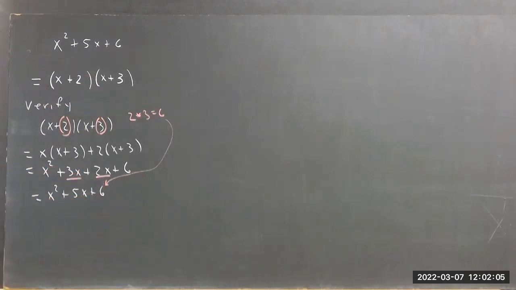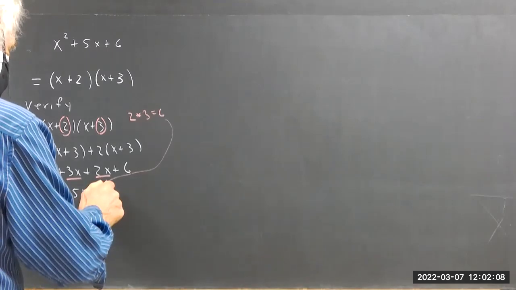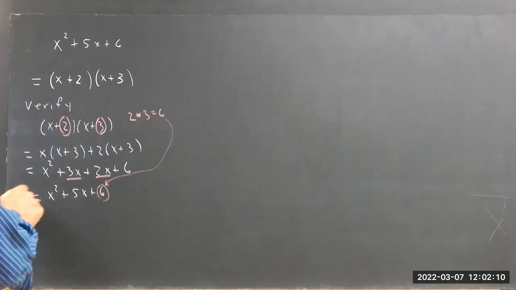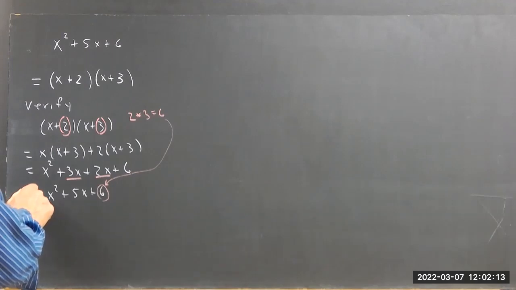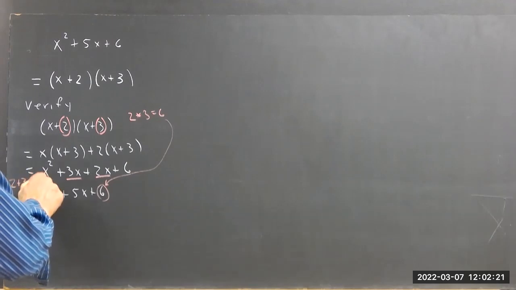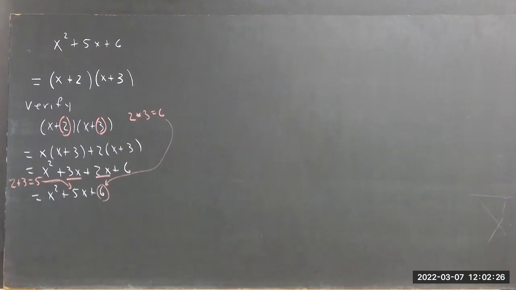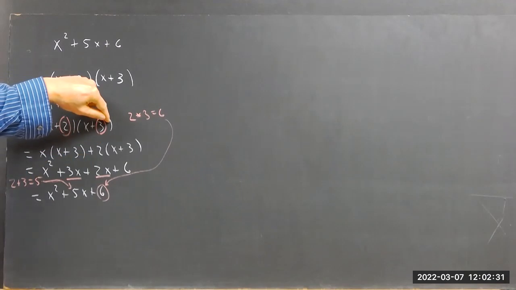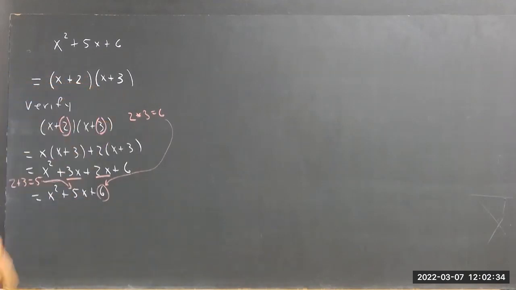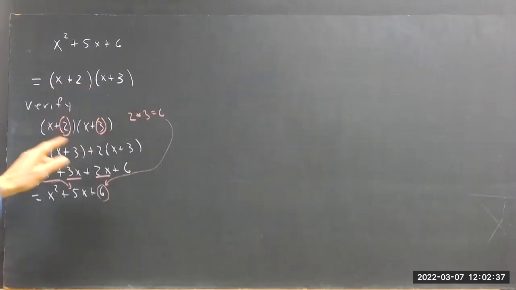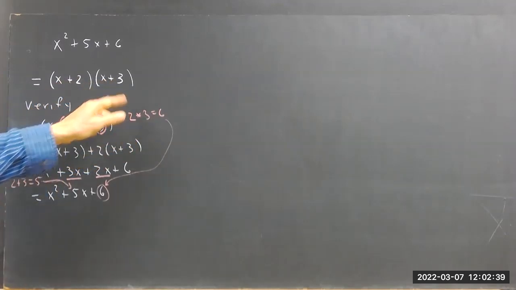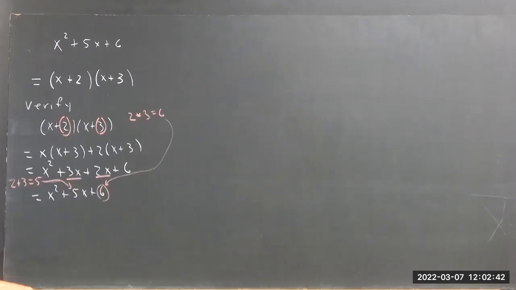So 2 plus 3 equals 5. So that's where the 5 came from. They both came from the 2 and the 3. Because I know when I write this out that I'm going to get an x squared. All the rest depends on what numbers I choose here.